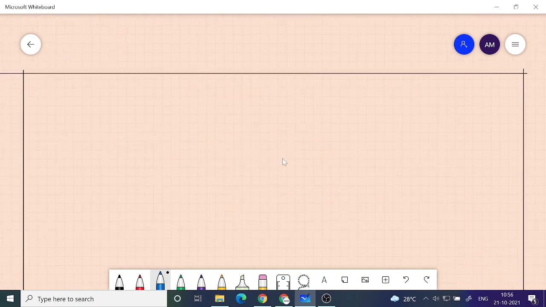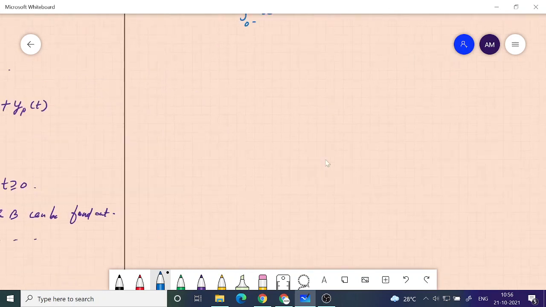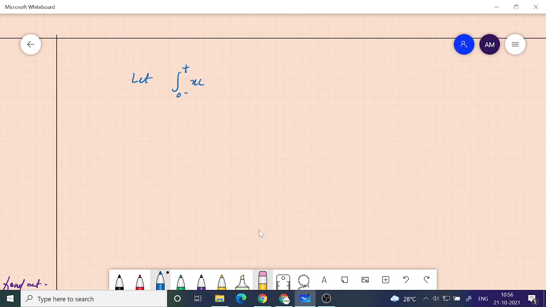So the second part, the integral from 0 minus to t of f of tau d tau, will be a function of time. Let's say it is equal to g of t. This integral from 0 minus to t, I am calling g of t.